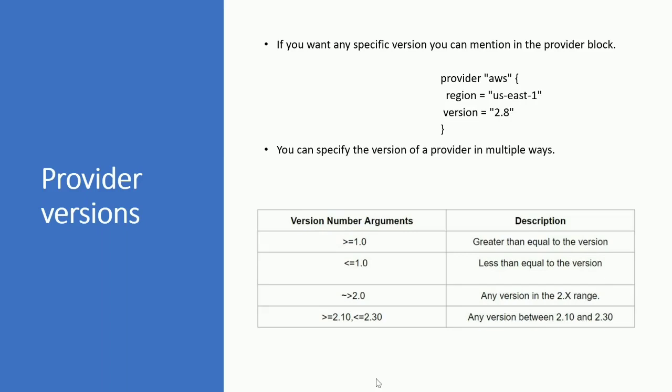If you want any version in a particular version range, you have to mention tilde greater than that particular version number. If you want any version between two versions, you have to define less than or equal to 2.10, comma, greater than or equal to 2.30. In the practical session, we will see all of them in detail.